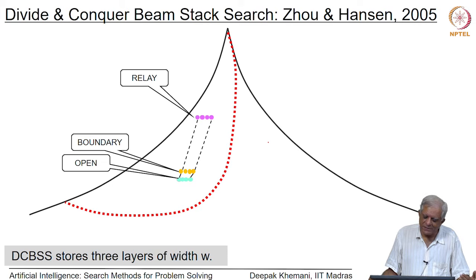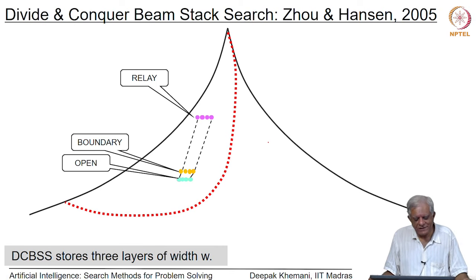But irrespective of that, we keep a constant number of nodes in the beam. If the beam width is 3 for example, we will keep 4 nodes, 3 which are in the beam and the 4th one which is the f max value. Likewise, the boundary would have 4 nodes and the open would have 4 nodes essentially. So, you can see that this algorithm requires constant space at least as far as storing the state nodes is concerned essentially. So, it will store only 3 layers, but of course, there is a problem.